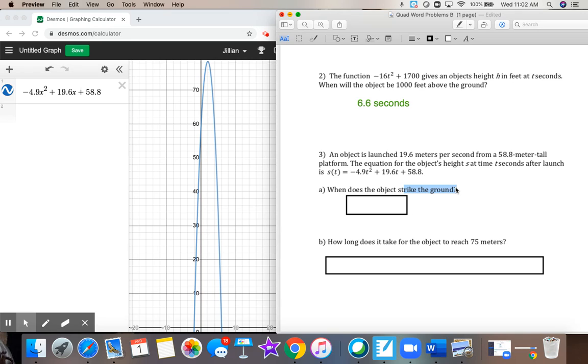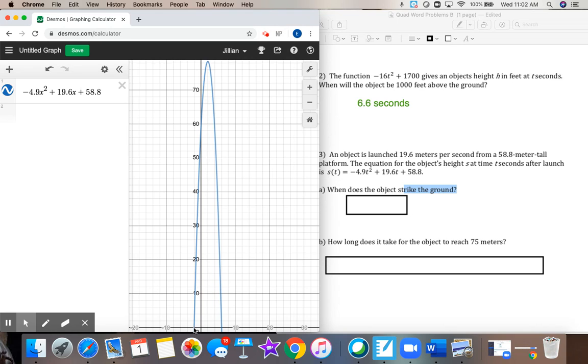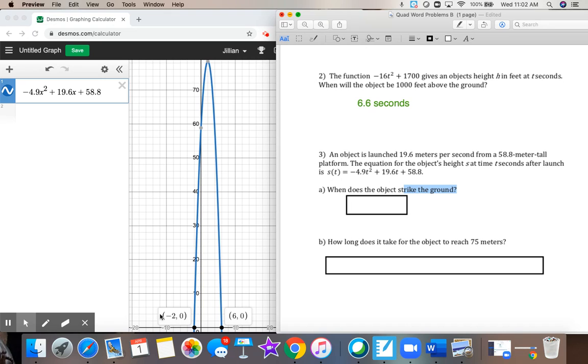It's at 0. This one's in meters, so it's at 0 meters. So we have to find where our y value is 0. When our y value is 0, those are just our x-intercepts. We're looking for seconds, and we have a -2 and a 6. We cannot have a negative time, so we have to use the positive value, which in this case is 6 seconds.